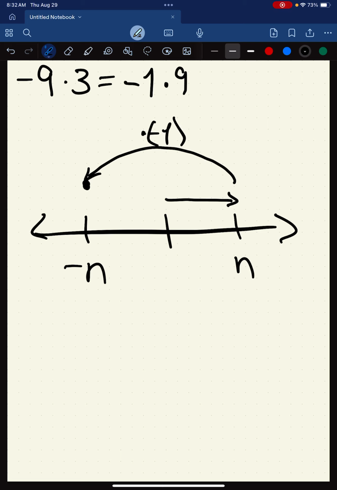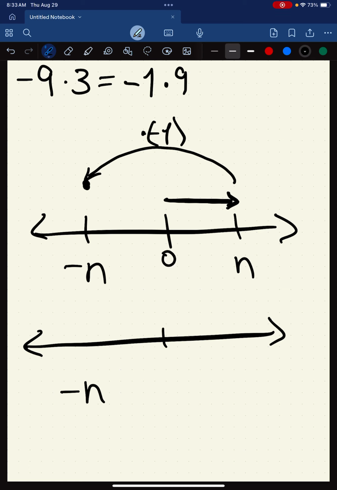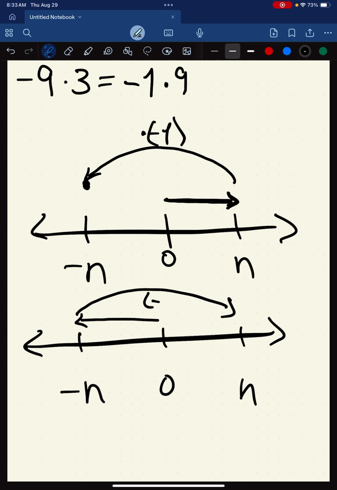So instead of going n units to the right, go n units to the left. Alternatively, here's 0. If you go n units to the left, to negative n, and you want to flip that over to positive n, we can multiply again by negative 1.